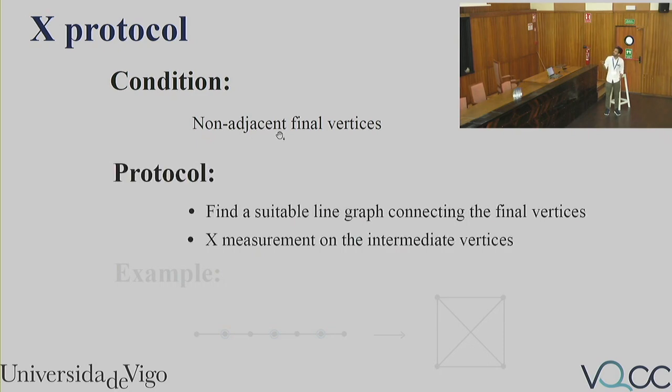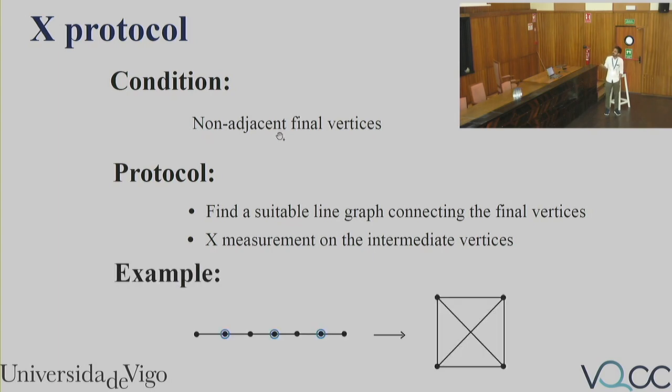So this protocol is basically 2 steps. You find a suitable path connecting the final vertices, and because of this condition, there will be an additional vertex between every couple of final vertices, and we can just perform X measurement on those additional vertices to end up at the final product.